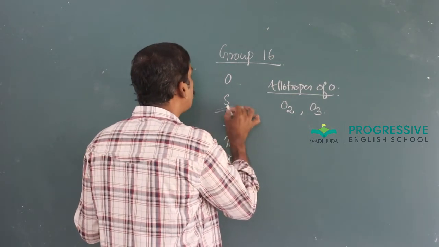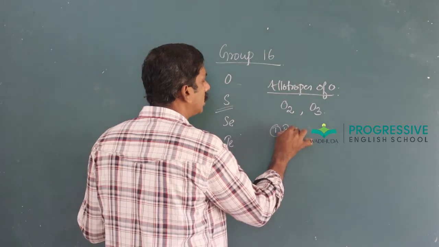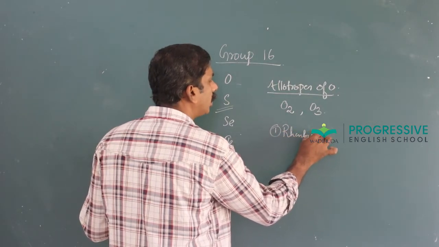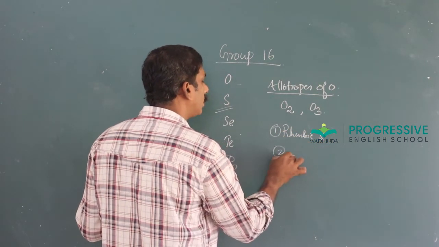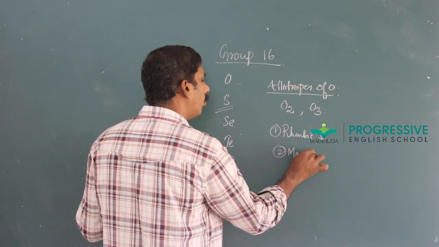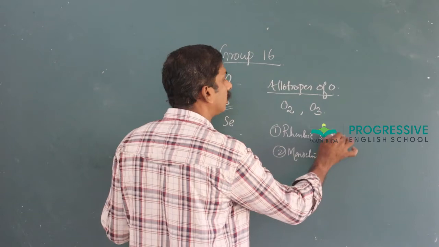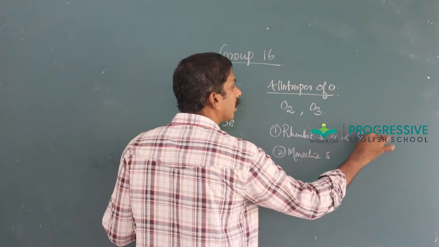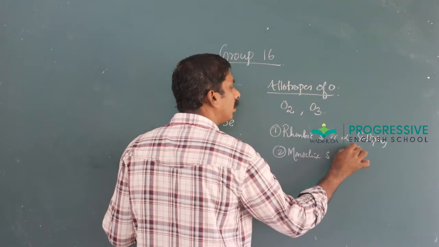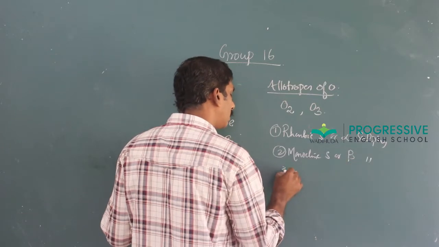Sulfur forms different types of allotropes such as rhombic sulfur or alpha sulfur, and second, monoclinic sulfur or beta sulfur.